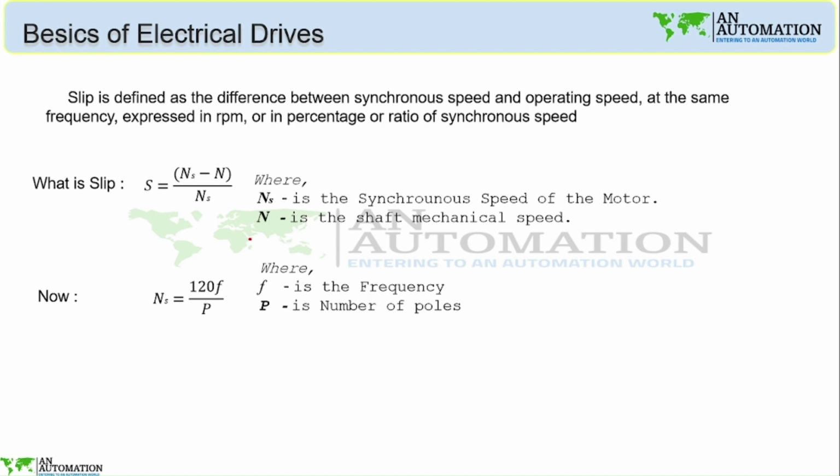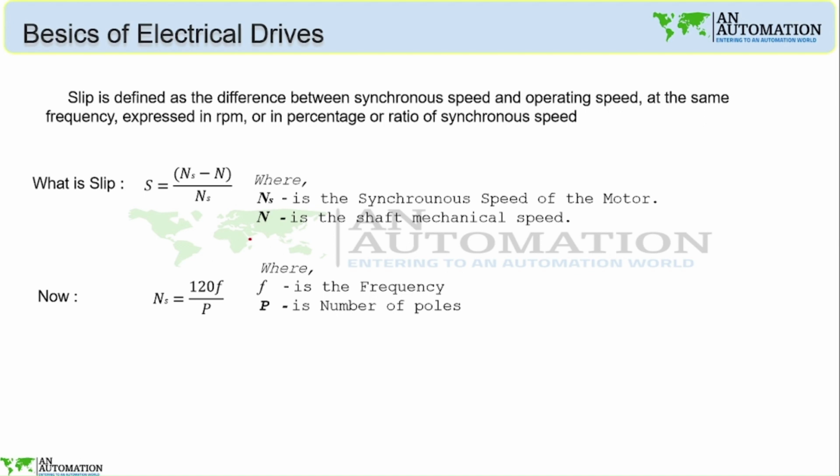We can vary the value of f in running condition, not in the design perspective. But p, the pole pair, is a design concept, constant. We can't change p in the running condition because it's totally a design level thing. So we will have to only change the frequency, but there is a problem with changing the frequency.